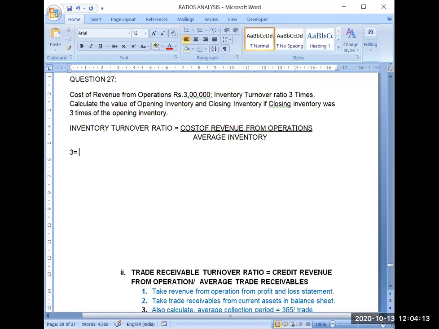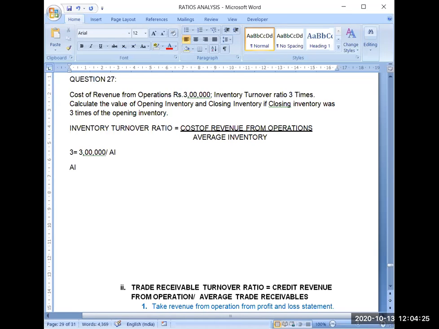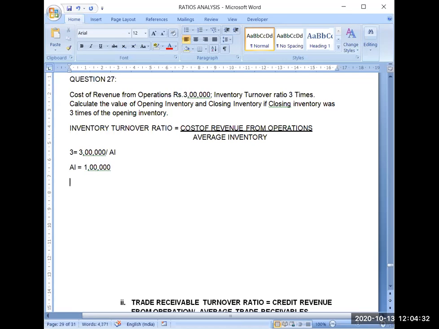So see, we have been given it is 3 times. 3 is equal to cost of revenue from operation, which is given as 3 lakh, divided by average inventory. I am writing in abbreviations for time purposes. So now average inventory will be equal to 1 lakh, and the equation will be opening inventory plus closing inventory is equal to 2 lakh.